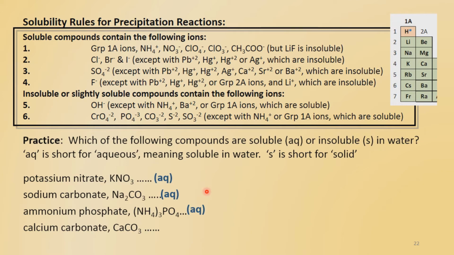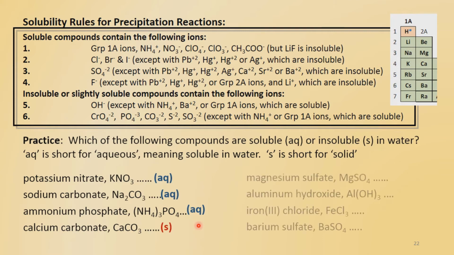How about calcium carbonate, CaCO3? We've seen that almost all carbonates are insoluble, and the only case where it's not is when the carbonate is combined with ammonium or the group 1A ions. Well, calcium is not one of those exceptions, and therefore calcium carbonate is in fact insoluble. Calcium carbonate is limestone. It's not soluble.